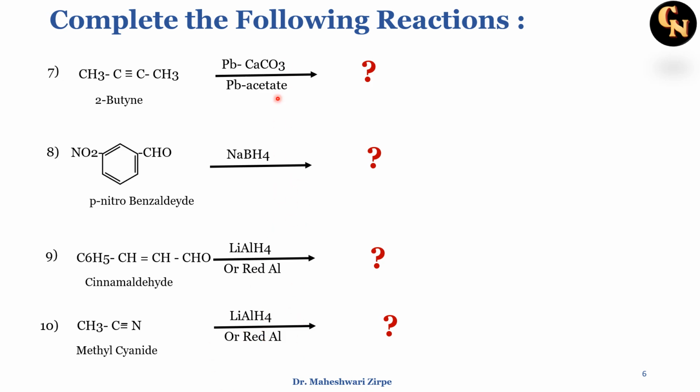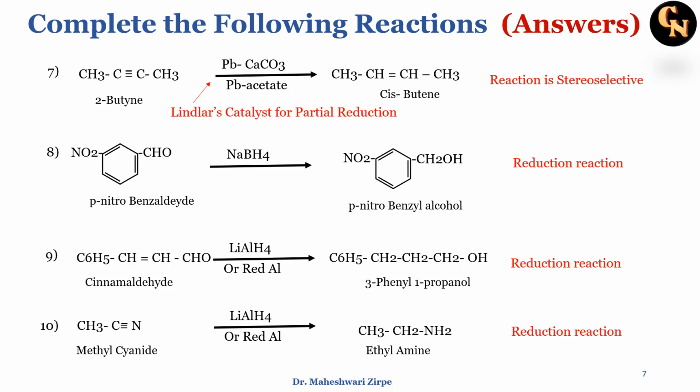Okay, so from the arrow it is clear that whatever catalyst or reagents they have given, all the 4 reactions are reduction reactions. Now the only thing we have to see is whether they are going to reduce aldehydes, benzene ring, or double bond or triple bond, what they are going to reduce and what the product is. Let us go to the answers.